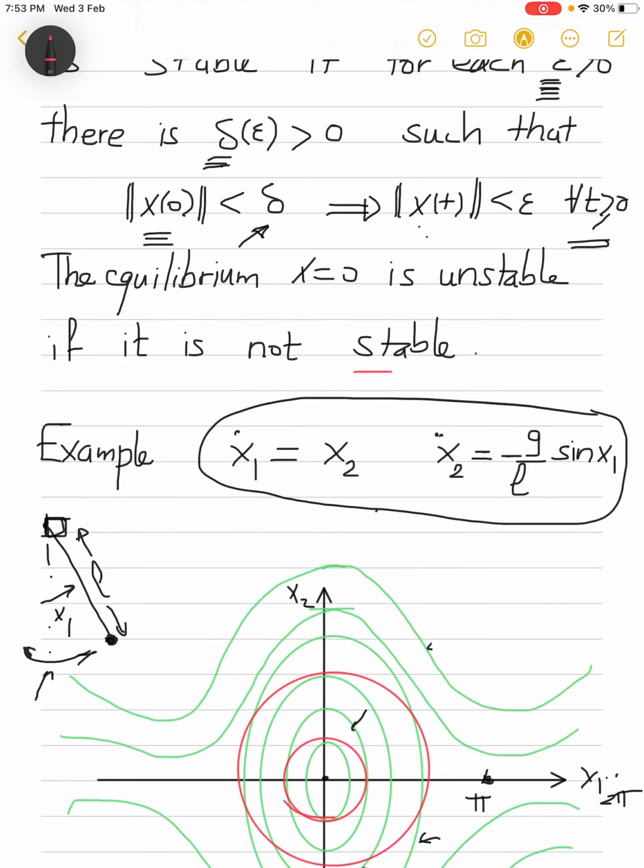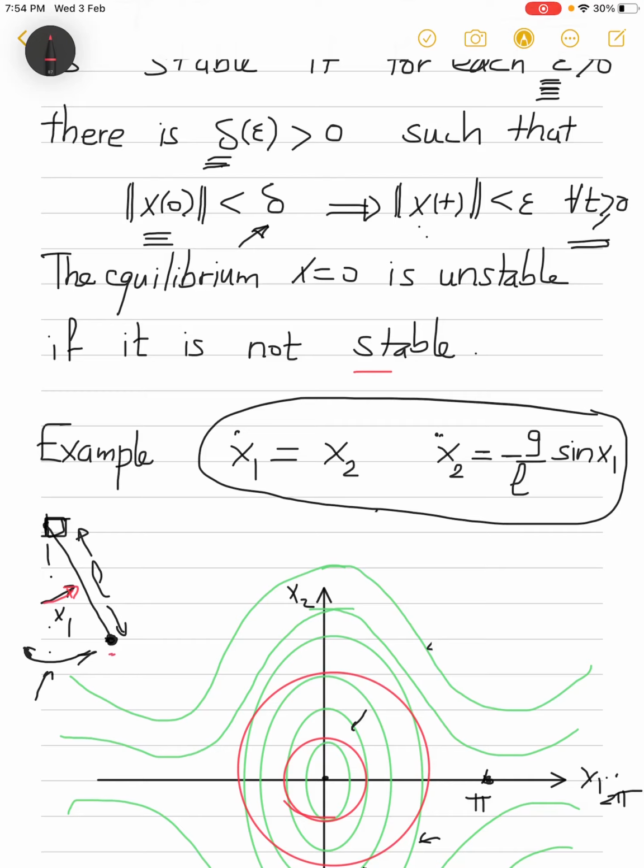If we consider the second order system that corresponds to the equations of the pendulum, and we ignore friction, then x1 is the angle of rotation, L is the length of the rod, and x2 would be the velocity of the tip point of the pendulum.